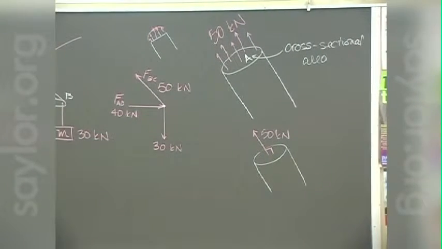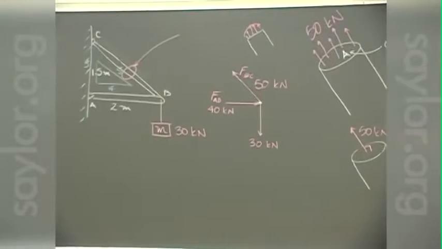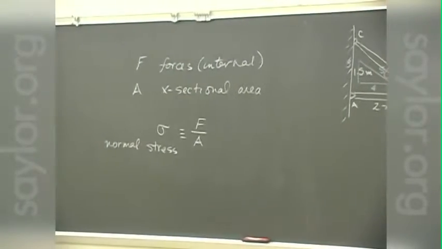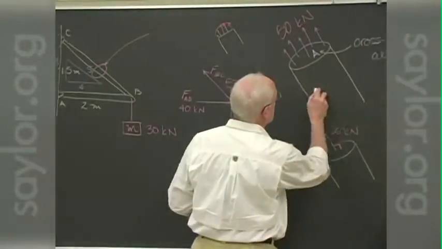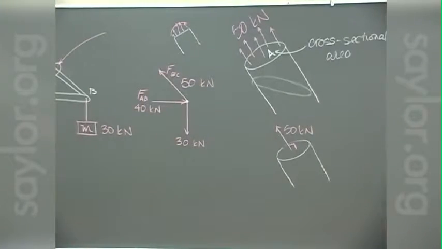What that should mean to you is that we can take other areas. They don't have to be normal to the axial direction of the member itself. We're going to look at areas that are taken more on an angle and see what the forces are there.